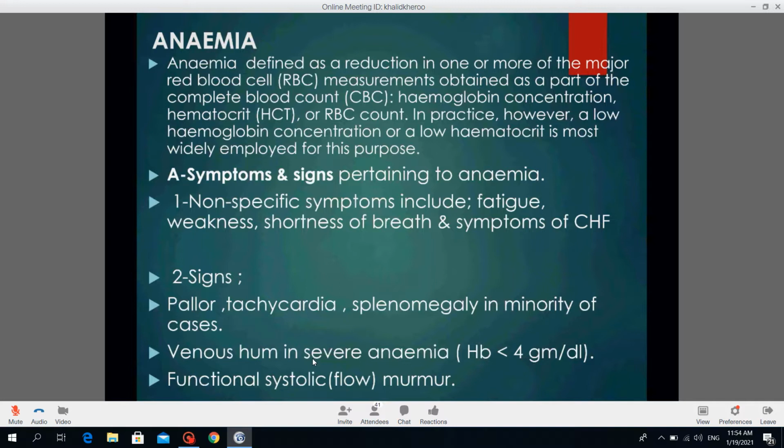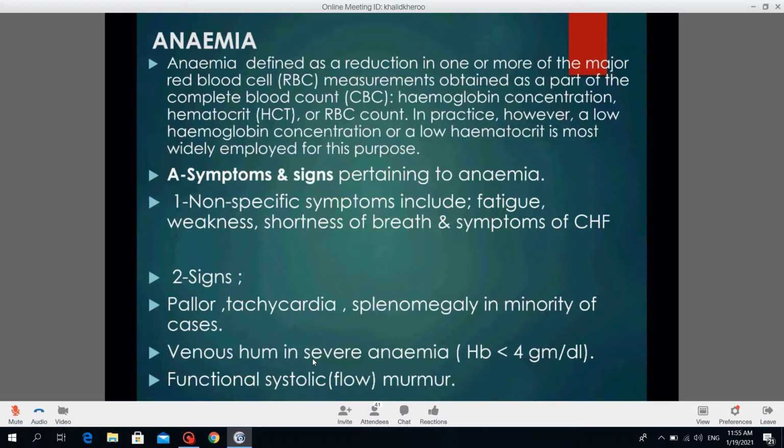So what are the important points in history in patients with anemia? We mentioned most of this. Is there a recent history of loss of appetite, weight loss, fever, and or night sweats that might indicate the presence of infection or malignancy? This means that when you label the patient as anemic, this is not a diagnosis, it is a lab diagnosis. In addition to what we mentioned by clinical manifestation, it is confirmed by lab, that is by CBC.